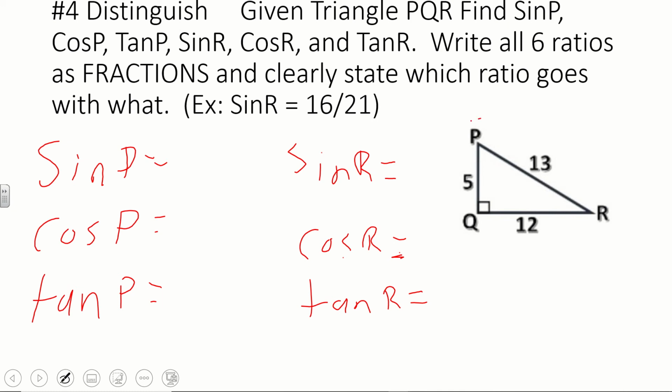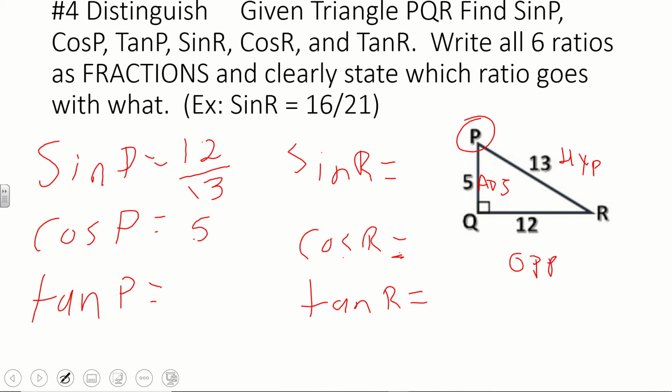So if I'm going off reference angle P, 12 is going to be my opposite, 5 is going to be my adjacent, and 13 is going to be my hypotenuse. So SOHCAHTOA, sine equals the opposite over the hypotenuse. So the fraction 12/13.